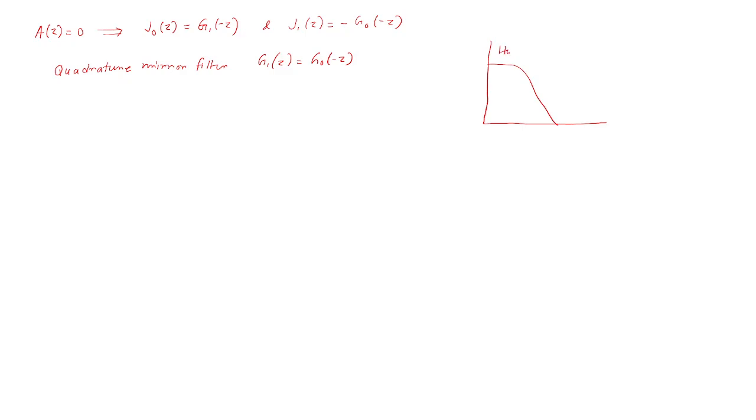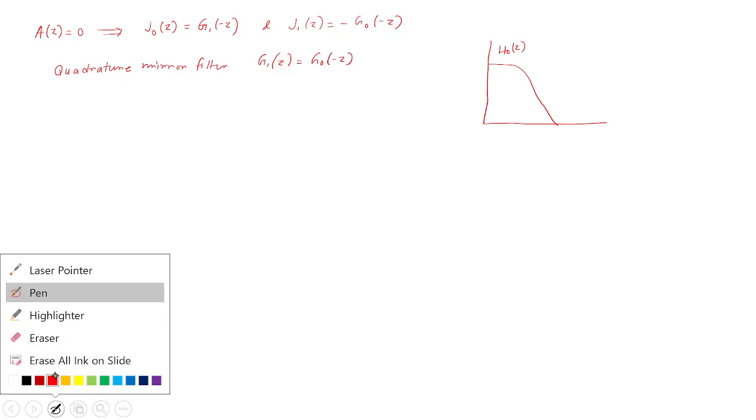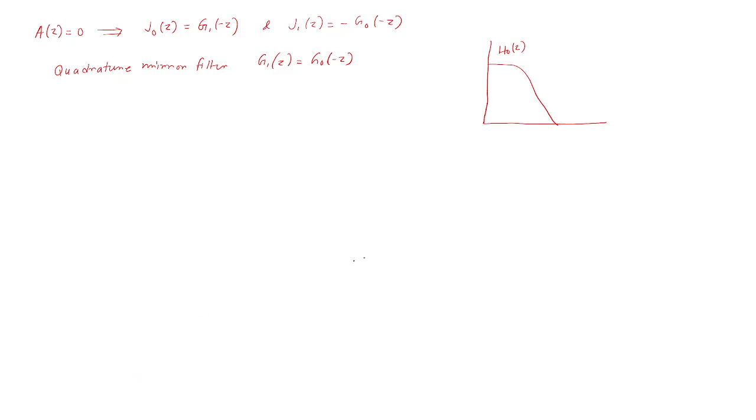Suppose this is H0(z), then its quadrature mirror counterpart is going to have a frequency response like this, and this is H0(-z).